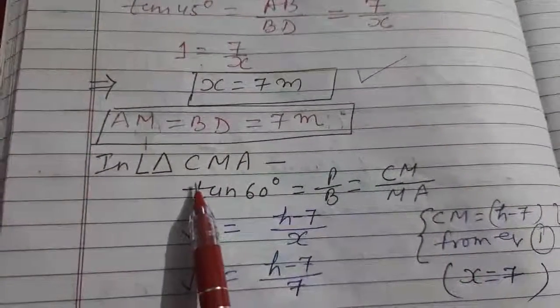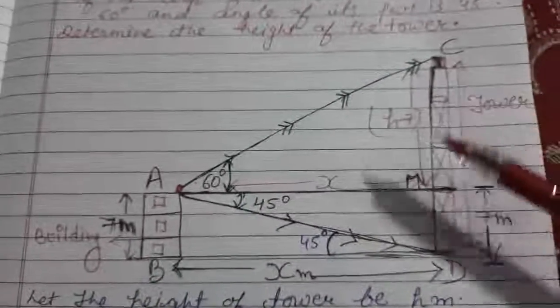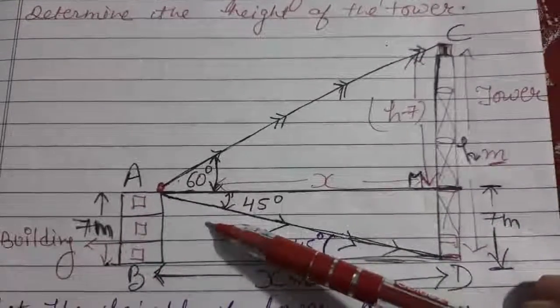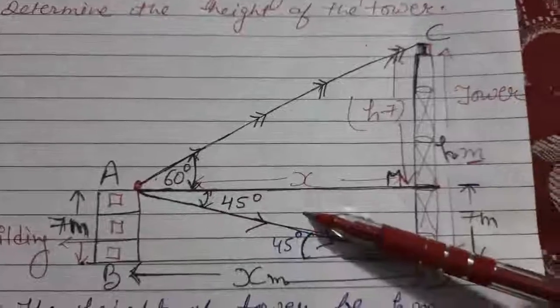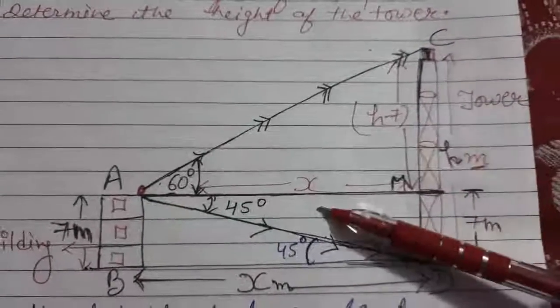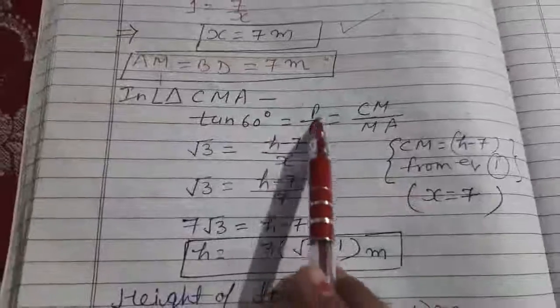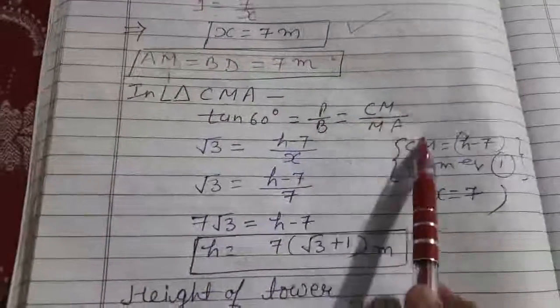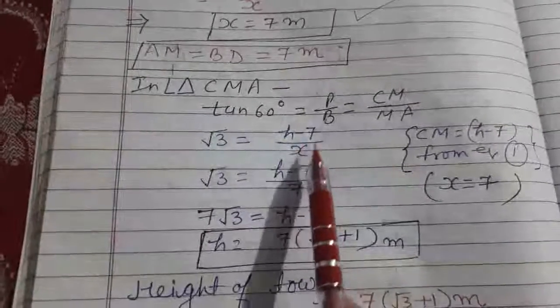Now I am taking the triangle CMA. Here we will use tan 60, perpendicular upon base, CM upon MA. The perpendicular is H minus 7 and the base is x, and x is 7 meter. So root 3, which is tan 60, equals H minus 7 upon x.